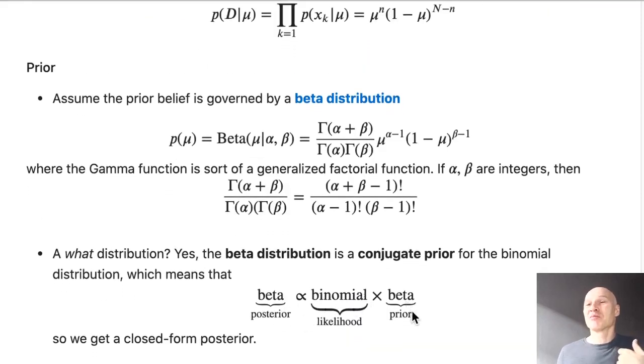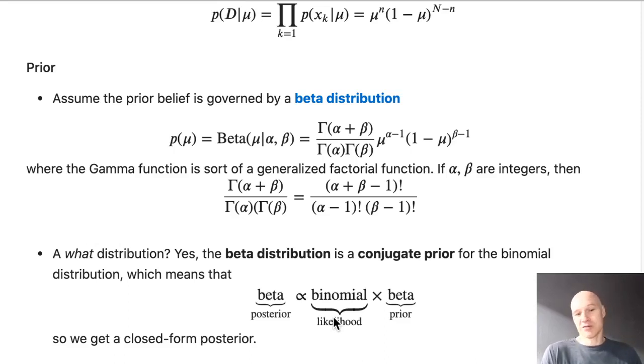When you choose a prior such that after multiplication with your likelihood you get a distribution of the same form as your prior, but with updated parameters, we call these two distributions conjugate. So the binomial and the beta distribution are conjugate of each other. Beta is a conjugate prior for the binomial distribution.